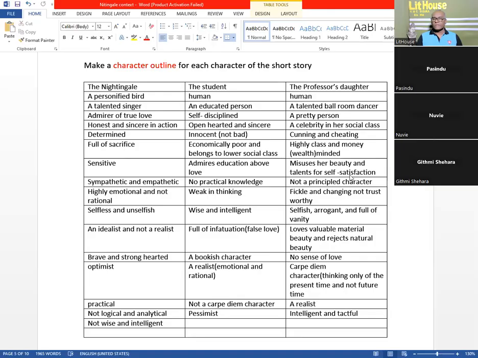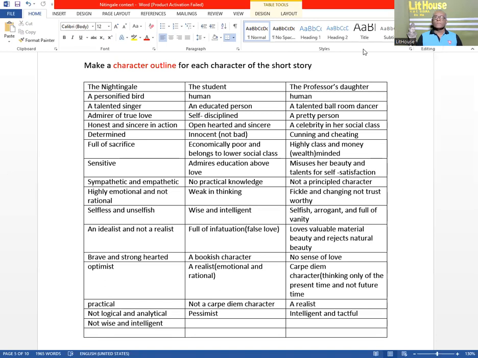To discuss character analysis, first of all, we must make a character outline. Now you can see this on the screen.